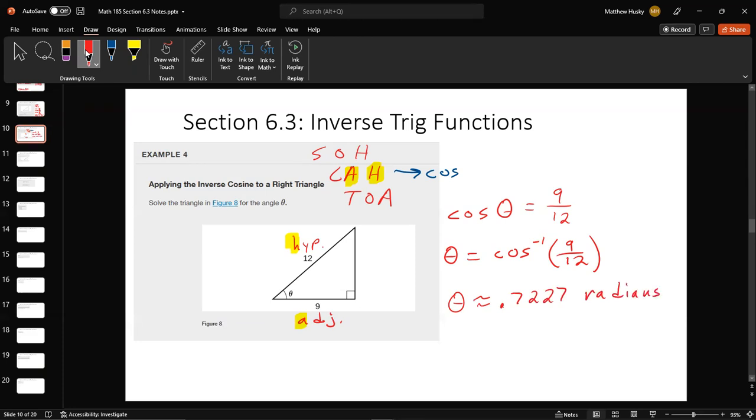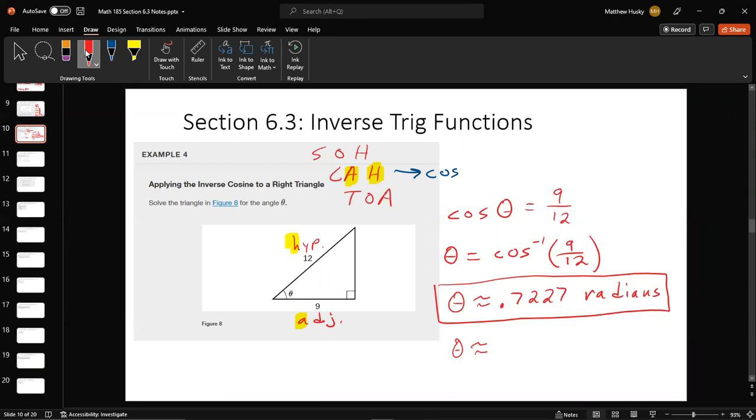If you want it in degrees, you can switch the calculator you're using over to degree mode. So if you switch this over to degree mode, you can find the angle in degrees. Typically with word problems, that's like the one situation where we actually want degrees. Most of the time in trig, we like to do things in terms of radians, but a word problem is like the one situation where degrees are preferred.